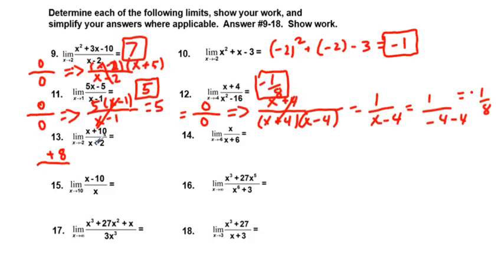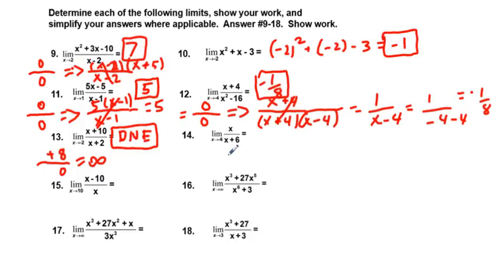And then in the denominator, we have negative 2 plus 2, which is 0. So we have 8 over 0, which equals infinity. Therefore, our limit does not exist. And if you put just infinity as your answer, that's not a correct answer. The correct answer is does not exist, really.